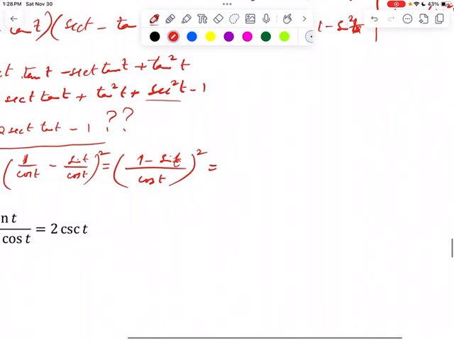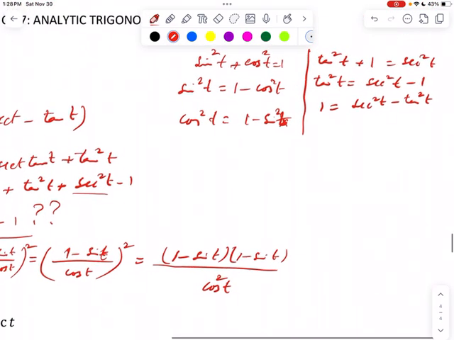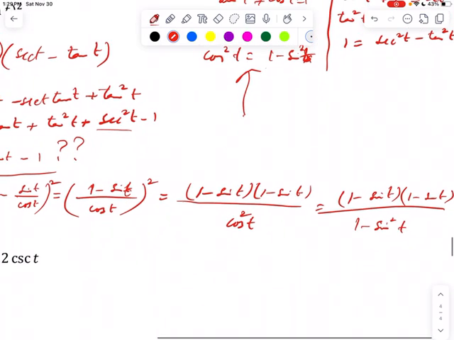So we can write it now as 1 minus sine of t into 1 minus sine of t, divided by cosine square t, or cosine of t times cosine of t. Now from here I can replace my cosine square t by 1 minus sine square t. So I have on the top 1 minus sine t into 1 minus sine t, and the bottom is 1 minus sine square t. Now we can apply the formula.